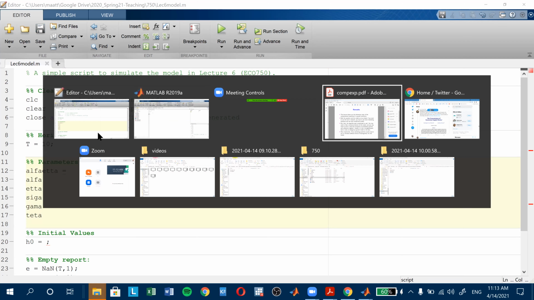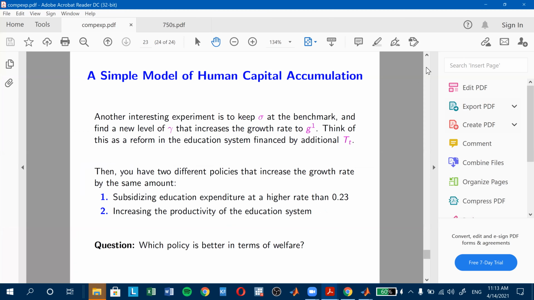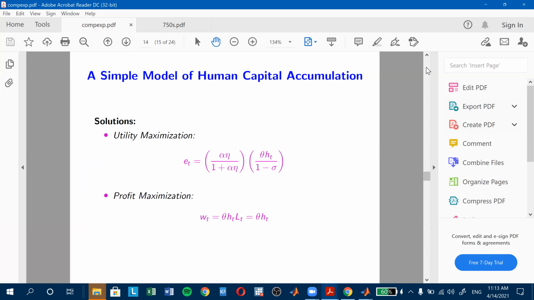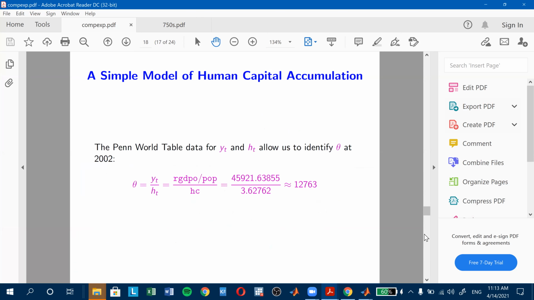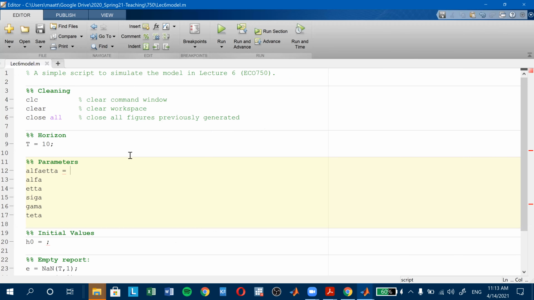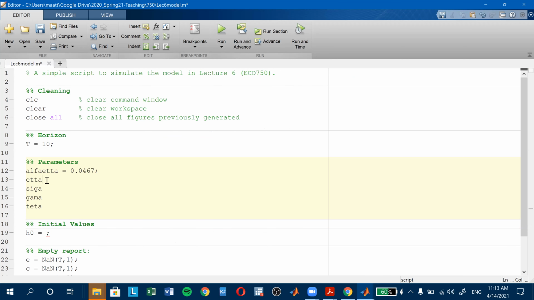Remember what it was equal to? So alpha times eta was equal to this, so you have that as alpha eta.